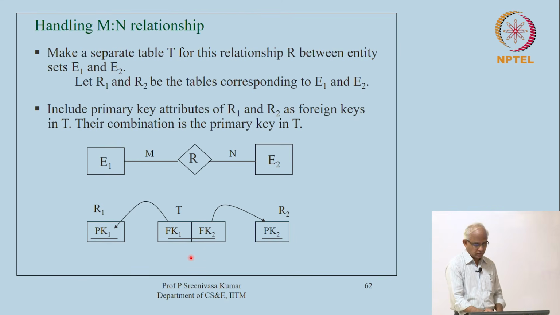Of course, once we do that, FK1 will be the foreign key that refers to the primary key of R1, and FK2 will be the foreign key that refers to the primary key of R2, and these two together will be the key for the new table, in some sense the lookup table. Again, an example will clarify the situation.